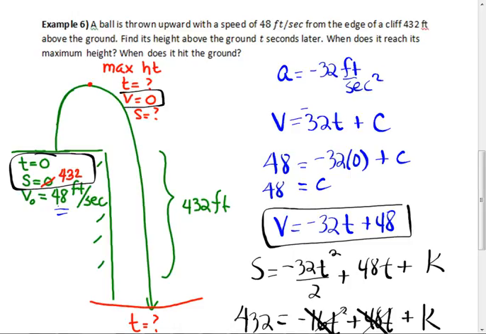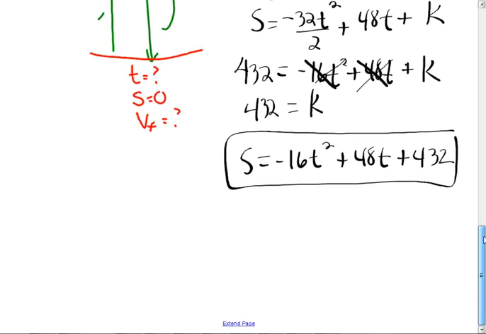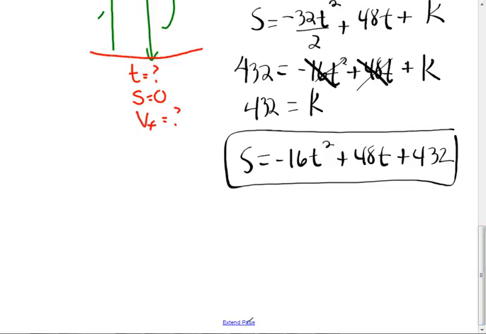It's 0. So I can find the time it takes to get to the maximum height. I don't know what the height is. I need to know the time. If I look at the equation down here, I say, I don't know the time, but I can find it. So v is equal to 0, which is the maximum height. Let me label that. It's negative 32t plus 48, right?